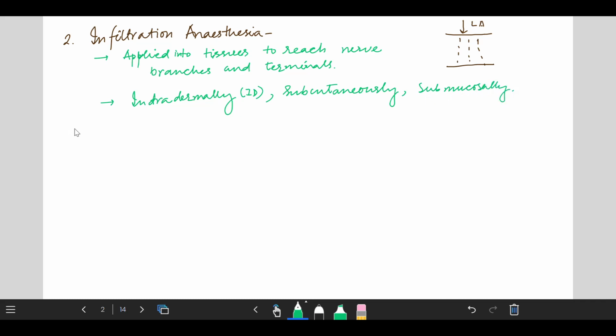And it is mainly used for minor dental surgeries. And the drugs of choice are lidocaine or lignocaine, procaine, bupivacaine, etc.